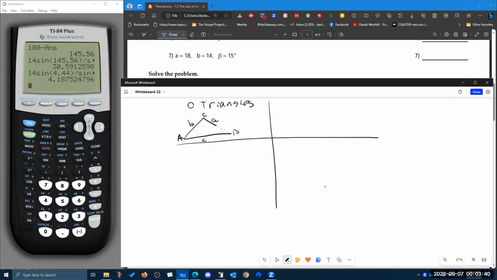But in this case, we have that H is always equal to B sine of A in all cases. And if A is less than H, there's 0 triangles. If A is equal to H, there's exactly one right triangle.